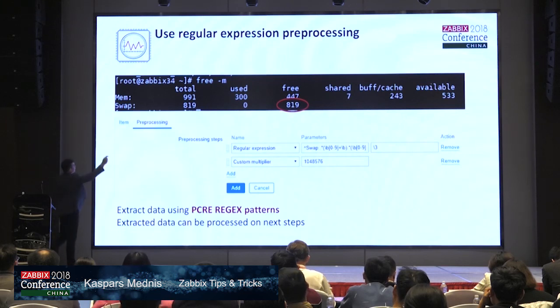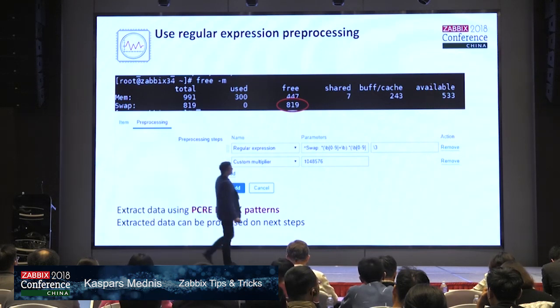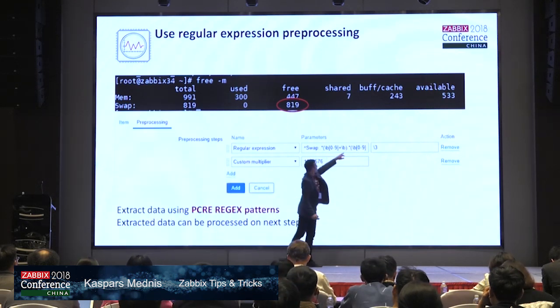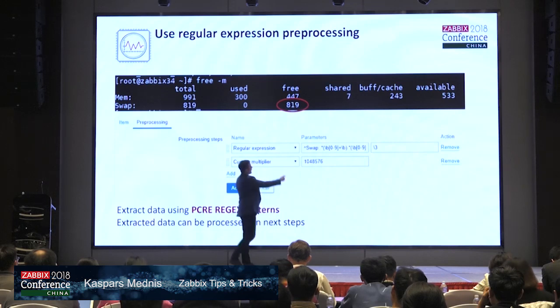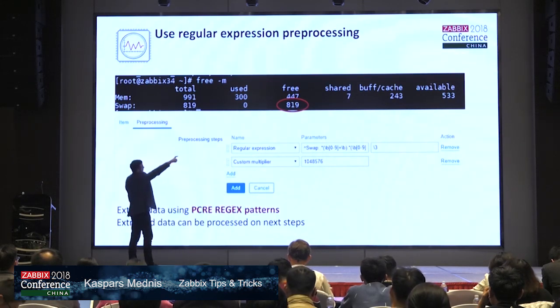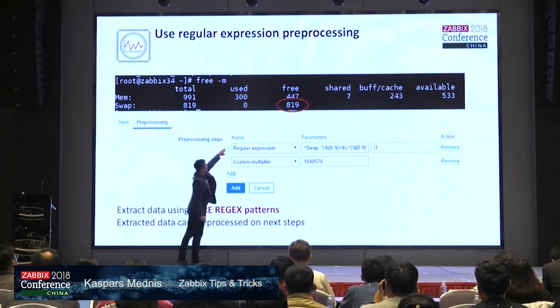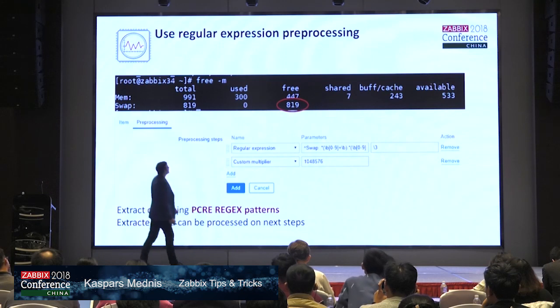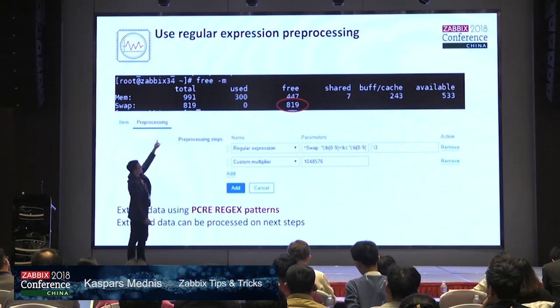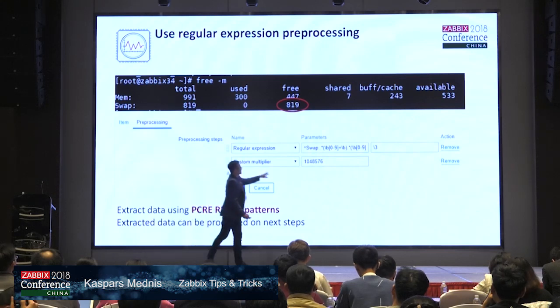So you have this textual output, and then you can add a regular expression which has multiple capturing groups, which will capture the third group from the output, which is 890. This is this step, yes? And then, because for some reason I'm collecting data in megabytes, but I need bytes, I can multiply them and get bytes back.